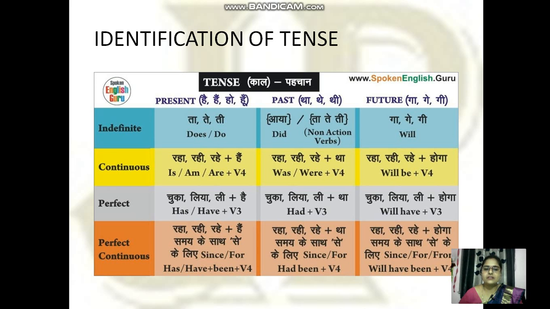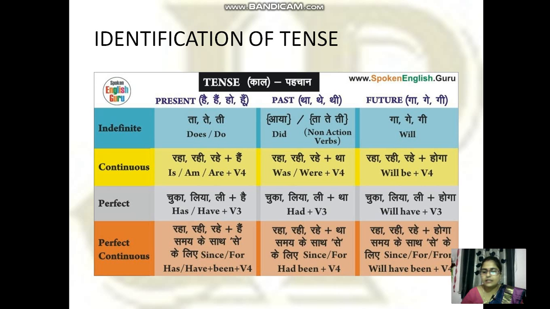Now come to continuous. If it is present continuous, in Hindi it has रहा है, रही है, रहे हैं. And in English it contains is, am, are plus fourth form of verb. Okay. If it is past continuous, it has रहा था, रही थी and रहे थे.